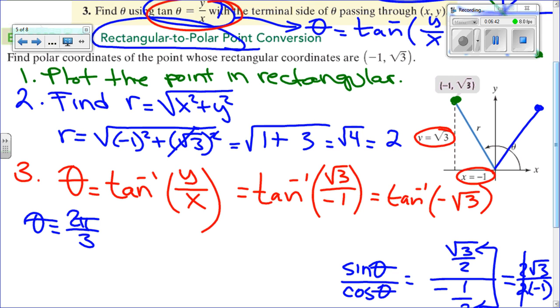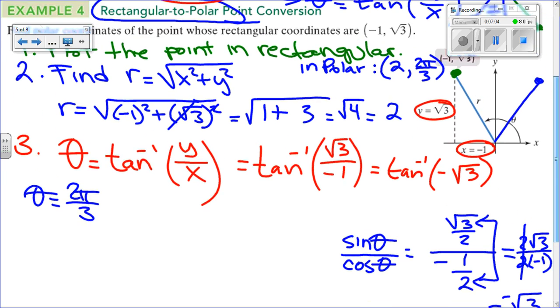Of course, there are other ways to say that point, not only in polar. According to what we found, the radius is 2 and the angle is 2 pi over 3. However, we could also say, like what Taylor told us about the calculator, a negative 2 pi over 3, right?